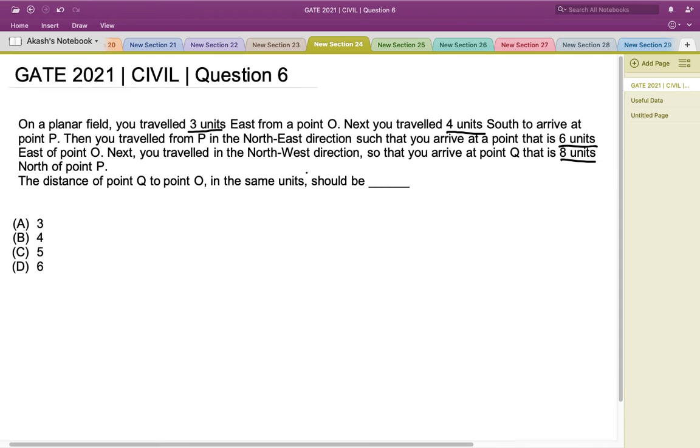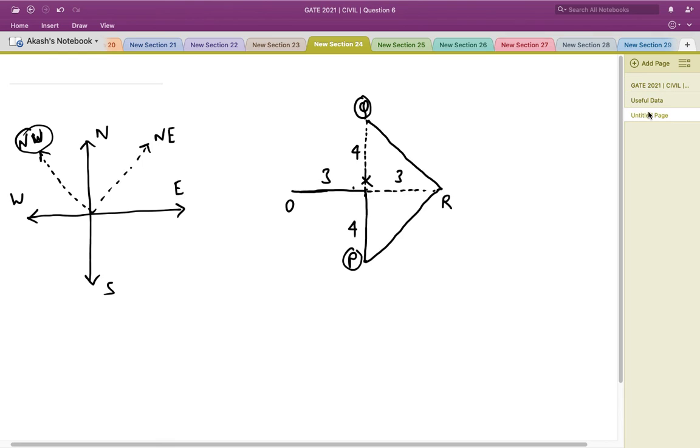Now the thing that is asked in the question is the distance of point Q to the point O in the same units. So we have to find the distance between point Q and point O. This is a pretty straightforward way in which we can solve the question. Since we have been given our direction coordinate and this angle is 90 degrees, in triangle OQX we have to find OQ, and we have been given OX as 3 units and QX as 4 units.